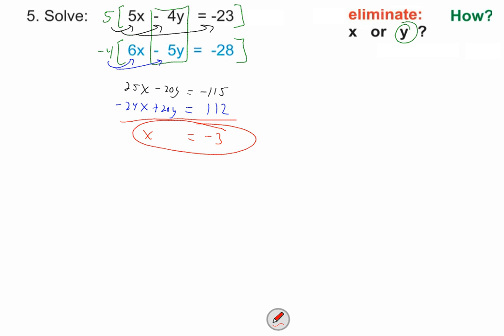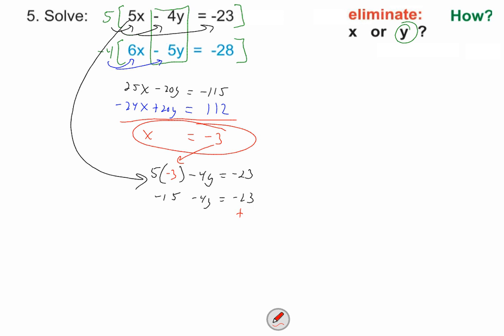All right, you have to find y. I would go to the original black or original blue, since they have the smaller numbers. Does it really matter which one? They're about the same. I'll use the black one, but they're pretty similar. So again, how do you get that last number? Substitution. Where my x is, I put in my negative 3. So we get negative 15 minus 4y equals negative 23.